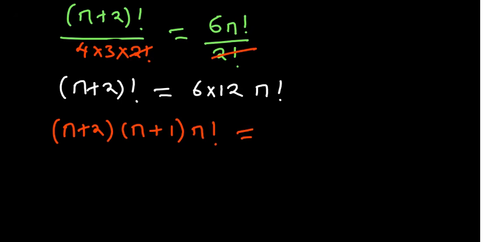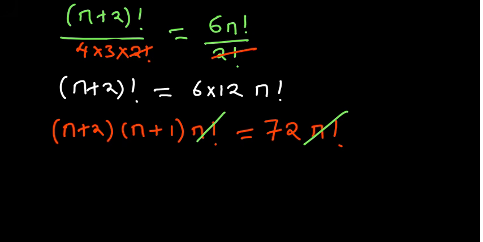And then 6 times 12 is what? 5 times 12 is 60 plus 12, 72. So 72 n factorial. Now n factorial, we've seen that it's matching up. I deliberately had to reduce so that you can deal with a factorial. So we could divide it both sides.